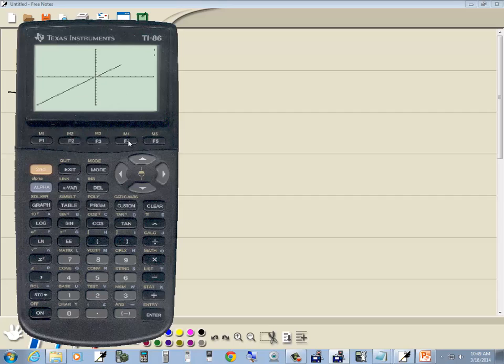That'll set your zooming window back to your standard viewing window. That goes from -10 to +10 on your x-axis and -10 to +10 on your y-axis. Sometimes you'll get that messed up by changing some of these different settings, and that's how I'll always set it back. That's the main issue that'll happen on a TI-86 calculator, besides syntax error, which we'll talk more about later.